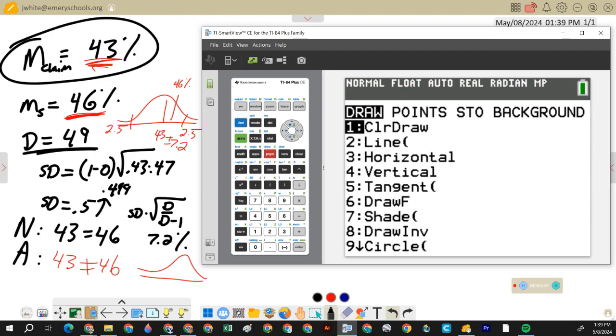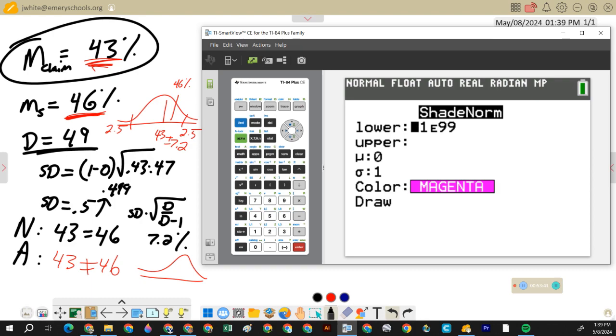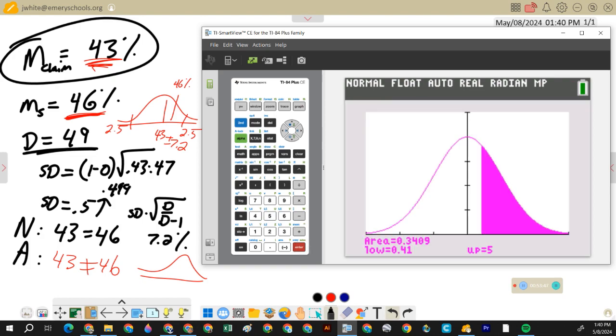Now I shade norm from 0.41 to 5. And I get 34%. 34 is bigger than 2.5, which means I accept the null. I failed to reject the null, is how a lot of statisticians like to say it.